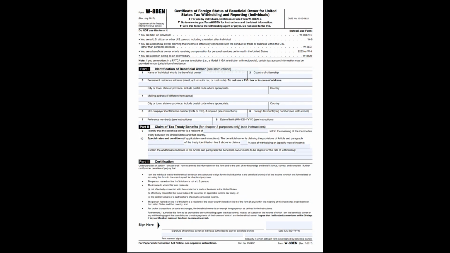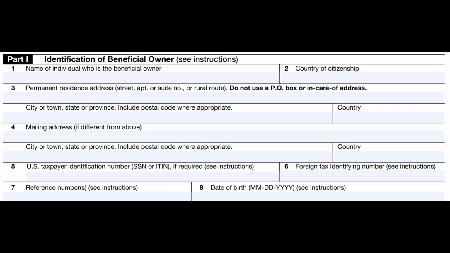Now, let's go over the form line by line as it relates to G-4 visa holders who are non-residents. Part 1, Line 1, Identification of Beneficial Owner. The name provided here is usually going to be your name, unless, of course, in the unusual circumstance, you're actually acting on behalf of someone else and their money.